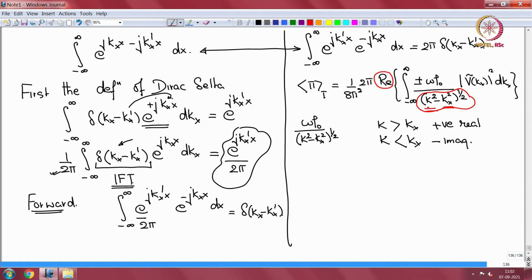The moment kx exceeds k, it's imaginary and we will not choose it. So kx cannot exceed k in this integral if it has to survive.